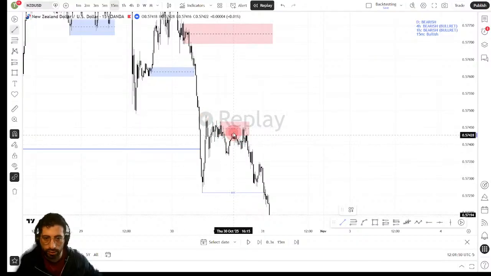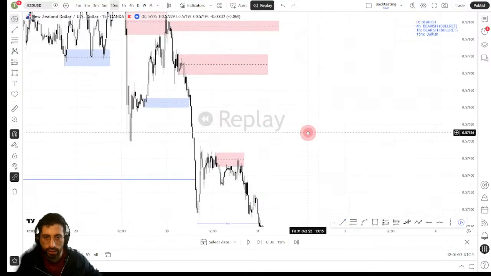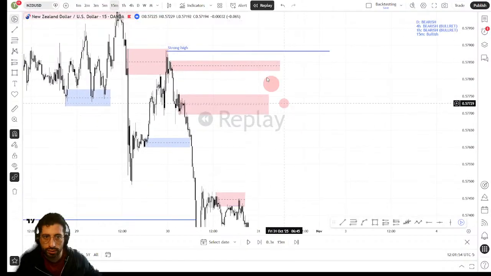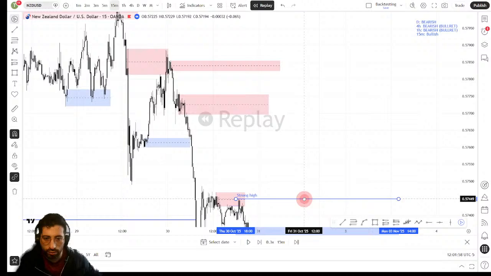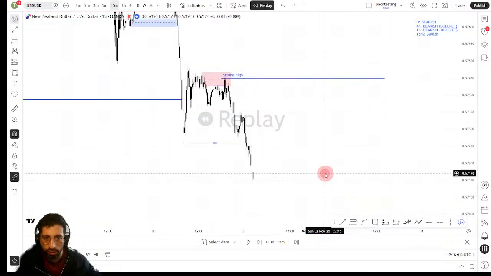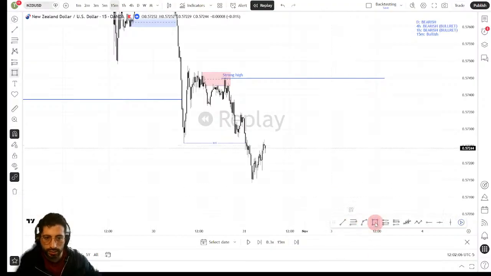They took the liquidity of the high and made the BOS. Now let's keep updating this low. Let's put it here. Let's keep updating. This could be a new beginning.